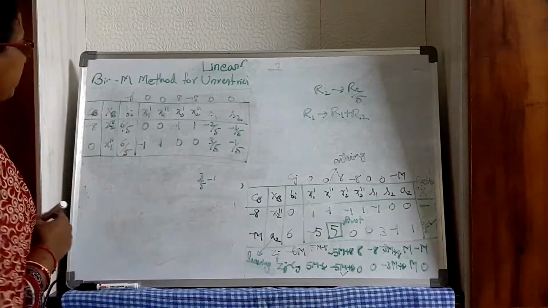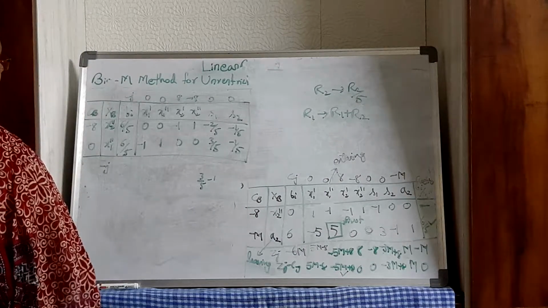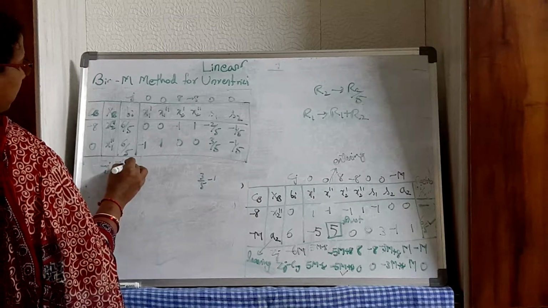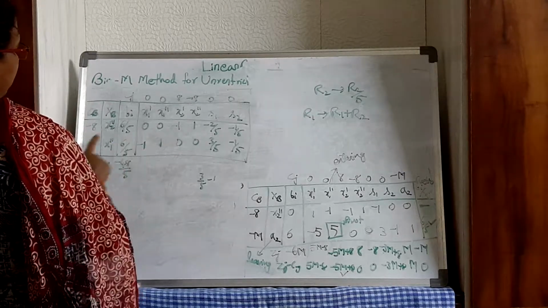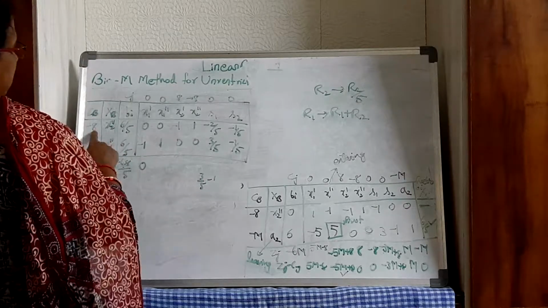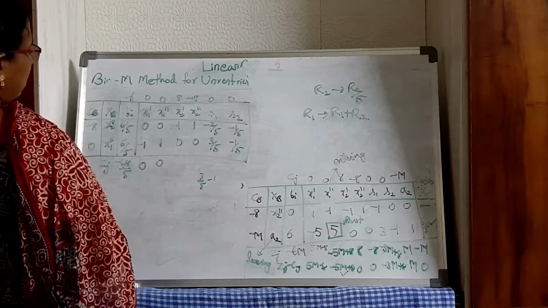Okay, now calculate Zj and Zj minus Cj. So Zj will be minus 8 into 6 by 5, means minus 48 by 5. This will be minus 8 into 0 plus 0 into minus 1, so 0. Minus 8 into 0 plus 0 into 1, 0.